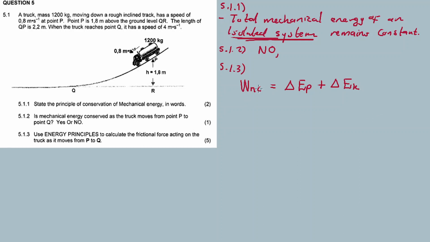There's only one non-conservative force here, which is the work done by a frictional force, equal to open bracket, mgh at Q minus mgh at P. It's final minus initial: final Q minus initial P. Open another bracket plus the change in kinetic energy: one over two m v at Q squared minus one over two m v at P squared.